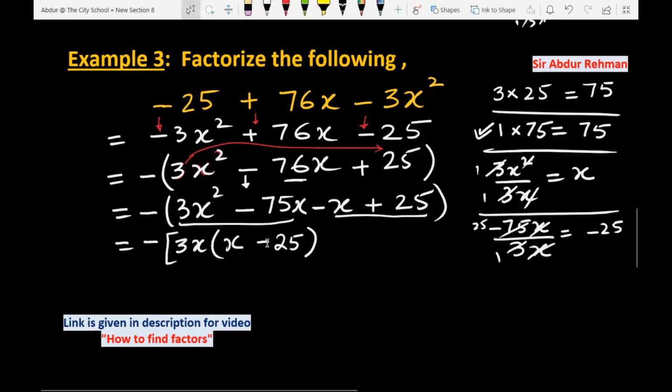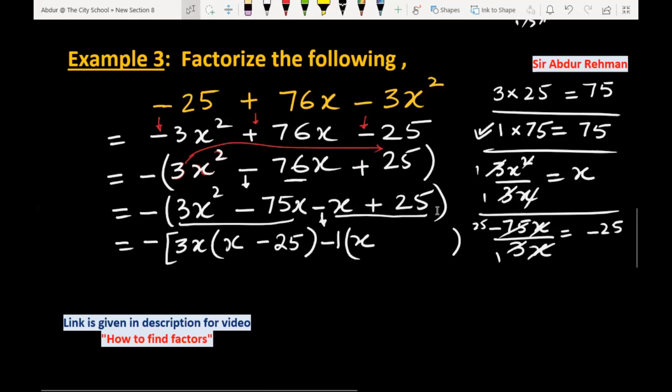In the next group, this is minus x plus 25. So the first step is to copy this minus sign. When there is no common factor, 1 is common here. You have to divide x by 1, you will get x. Write down the x.